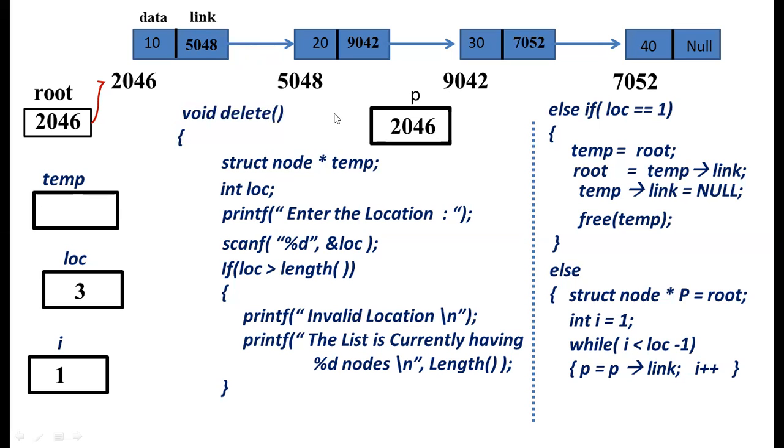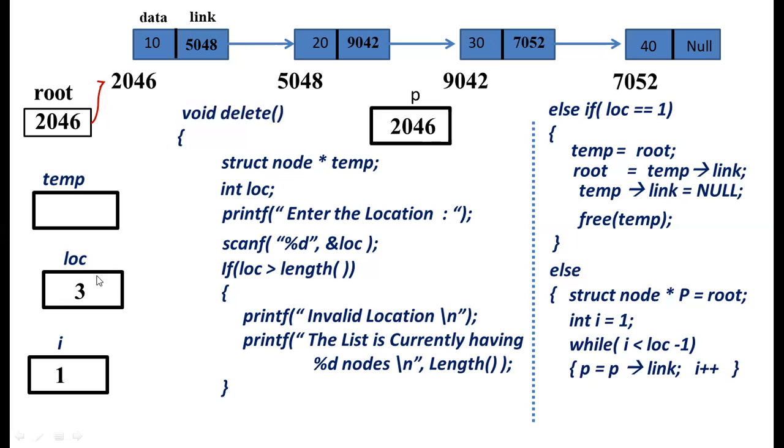Now, if you recollect, while adding a node at a specified location, in the while loop we wrote the logic as while I less than LOC. But in this case, we are writing I less than LOC minus 1. Why? Because there we are inserting the node after the specified location.